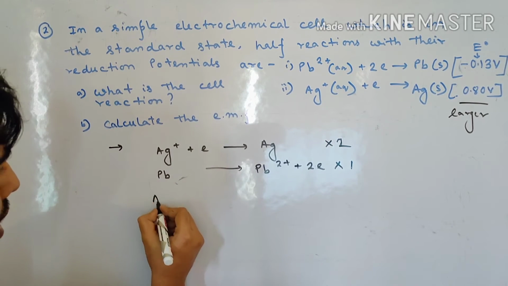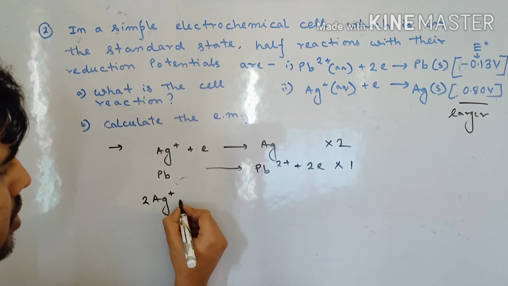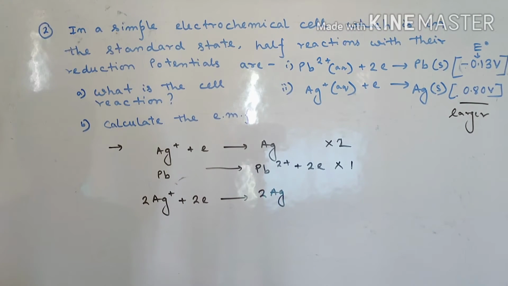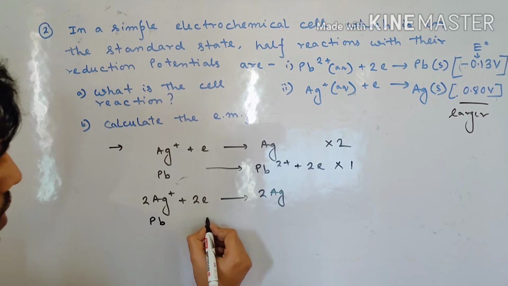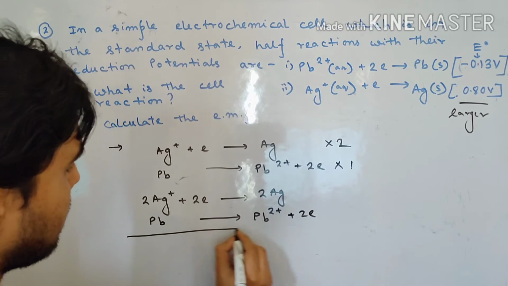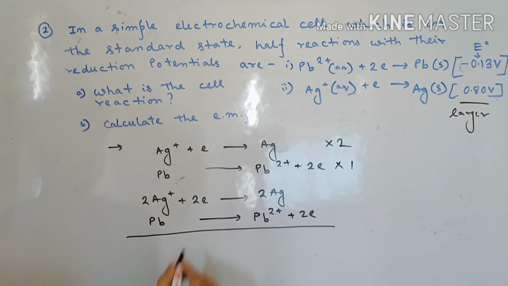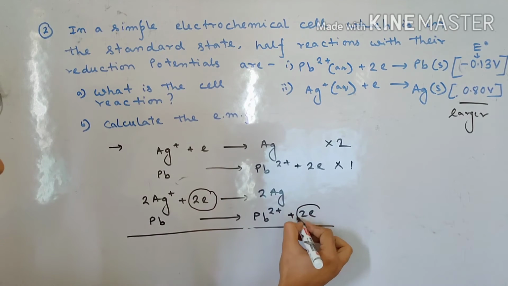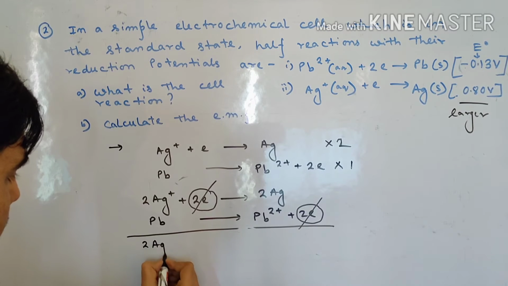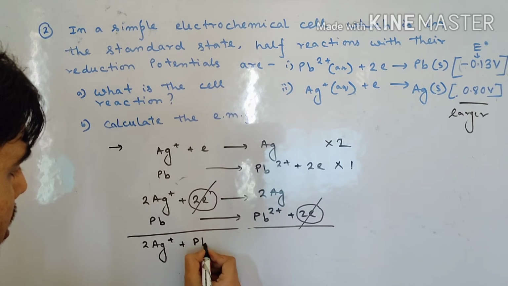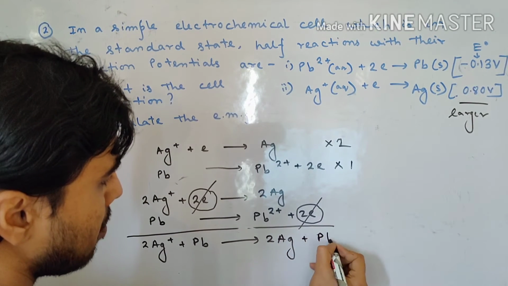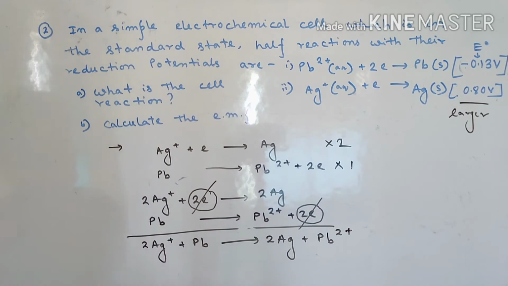Result: 2Ag plus plus 2 electrons giving rise to 2Ag, whereas Pb giving rise to Pb2 plus plus 2 electrons. The answer should be 2Ag plus plus Pb; electrons are cancelled out, giving 2Ag plus Pb2 plus. So this is the overall reaction.